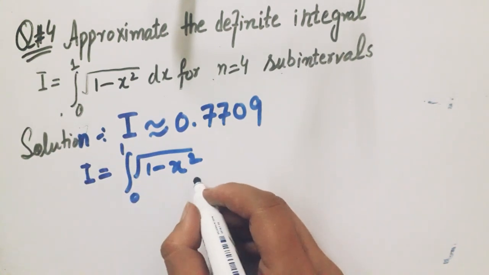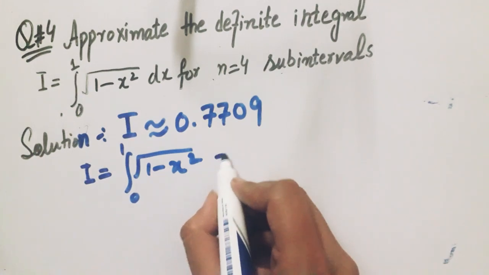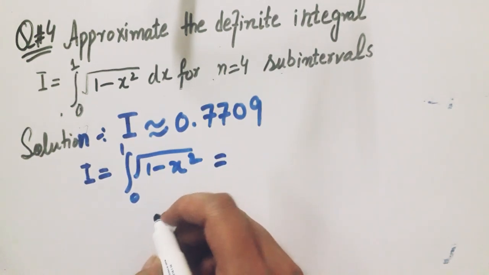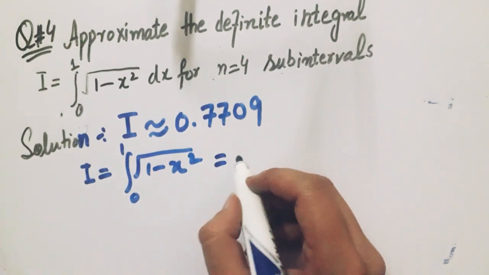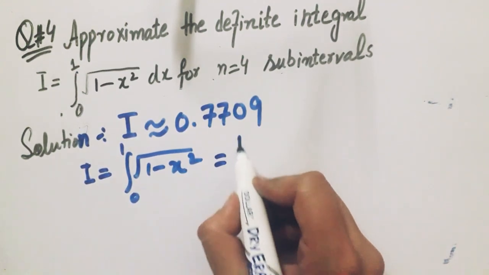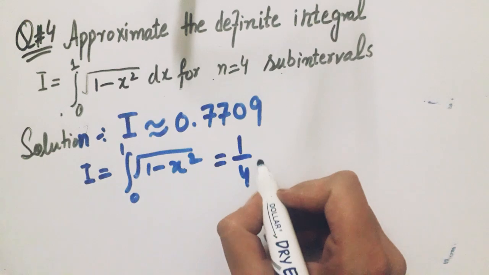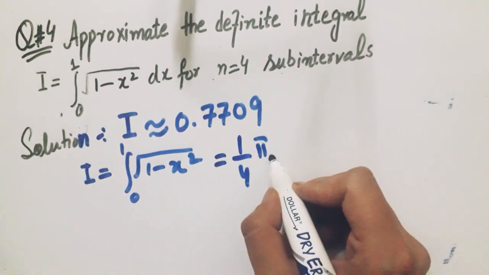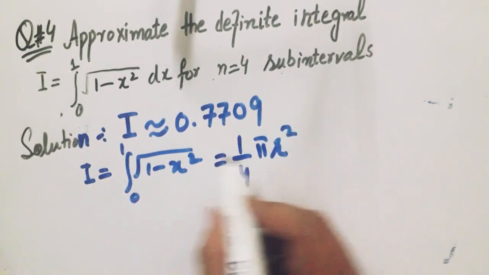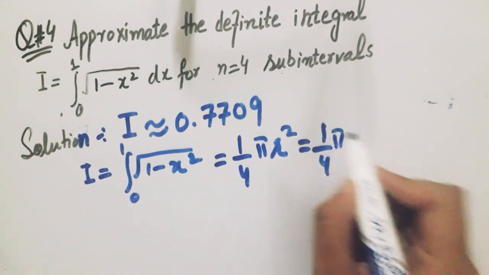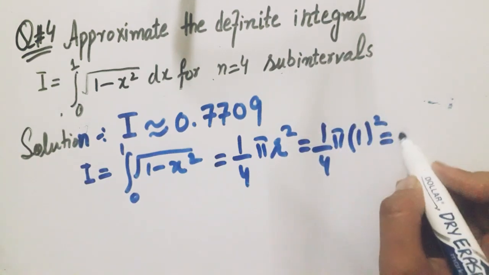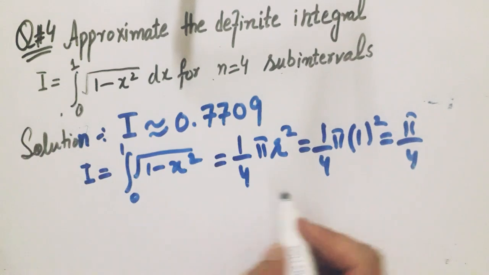So we will write this as 1 by 4 of the circle. So 1 by 4, area is pi r square. Now radius is 1. So it will be 1 by 4 pi into 1 square. So pi by 4.